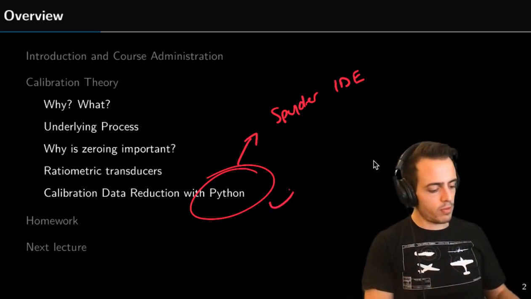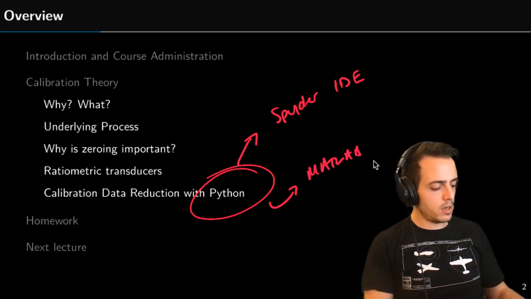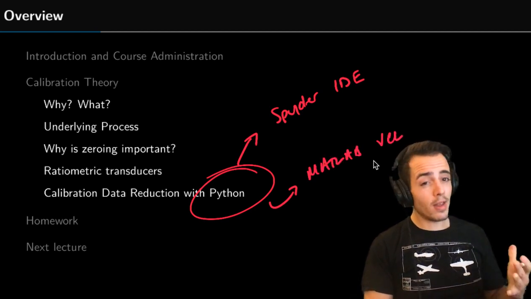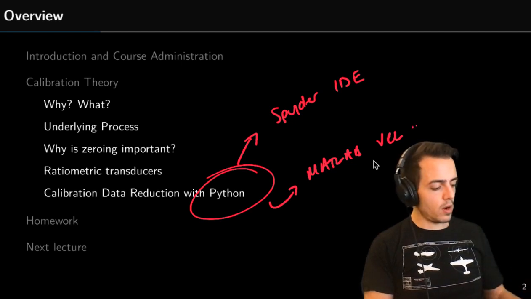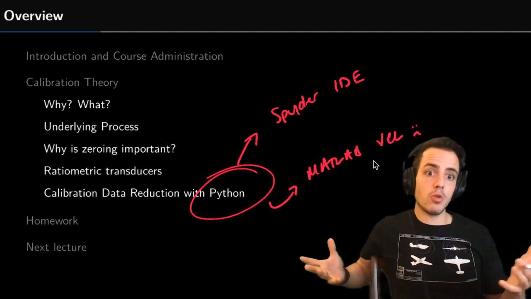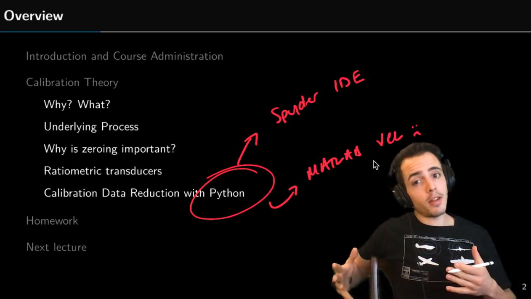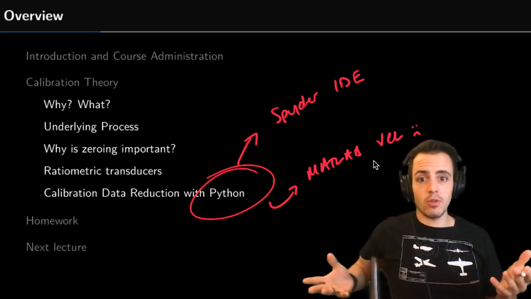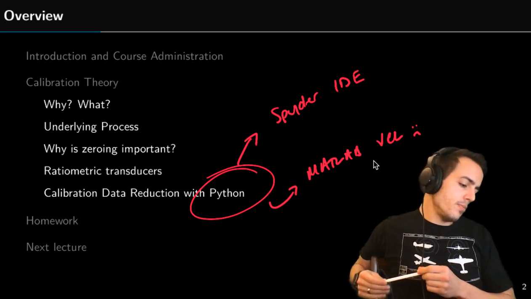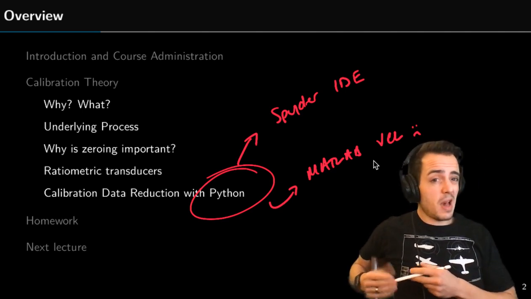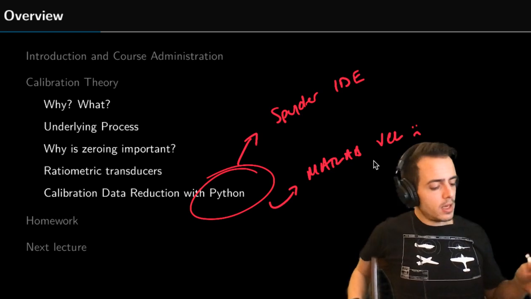As I've said before, the reason I'm doing this is because MATLAB on the VCL is quite difficult to use. So I don't want to use that. I don't want you guys to have to use it. And it's why I'm showing you alternatives for using a different coding tool for this. If you've got your own copy of MATLAB, you're obviously free to use that as well.